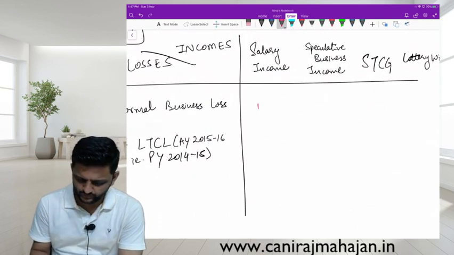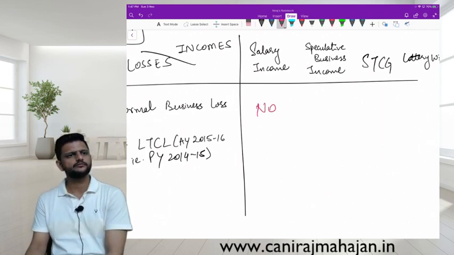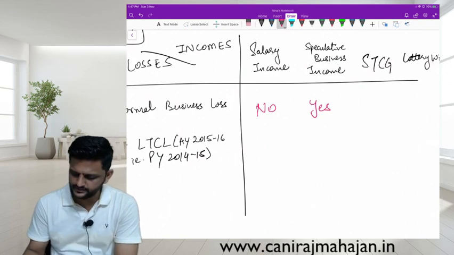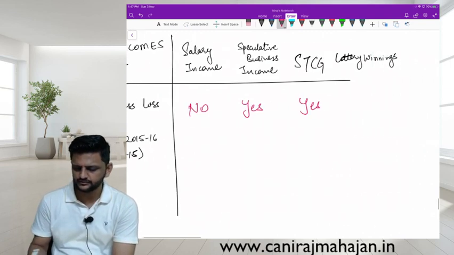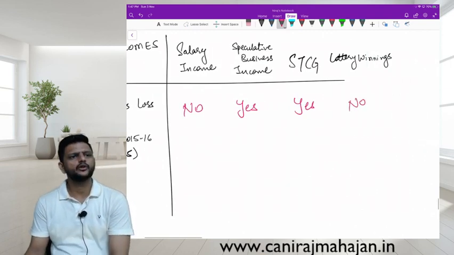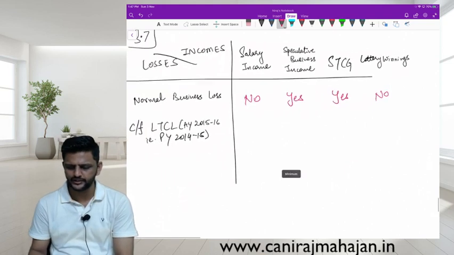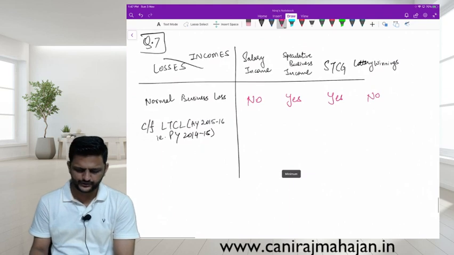Yes or no? Speculative business income? Sure? Good. STCG? Yes. Lottery winnings? No. Lottery winnings are like your dead loss, card games, winnings, gambling. They do not allow anyone else to be reduced or set off.